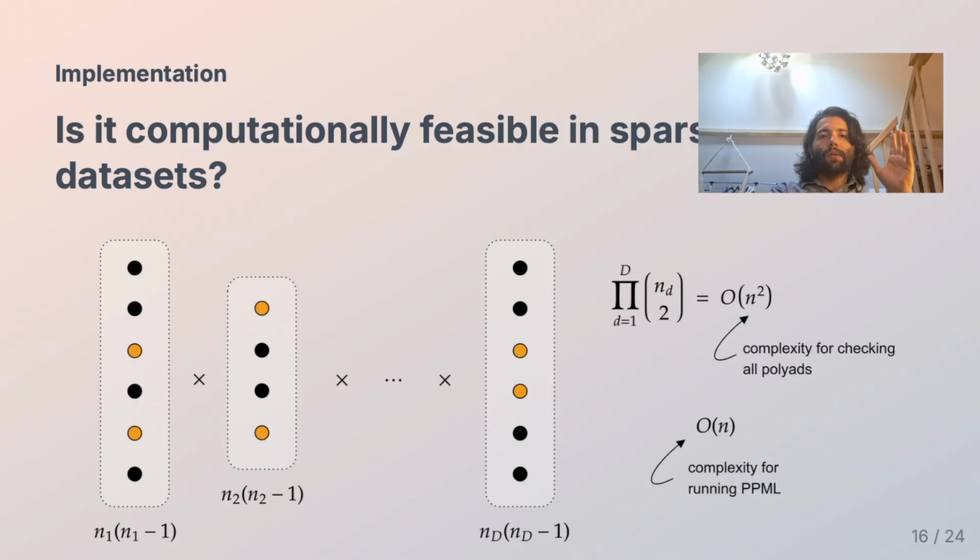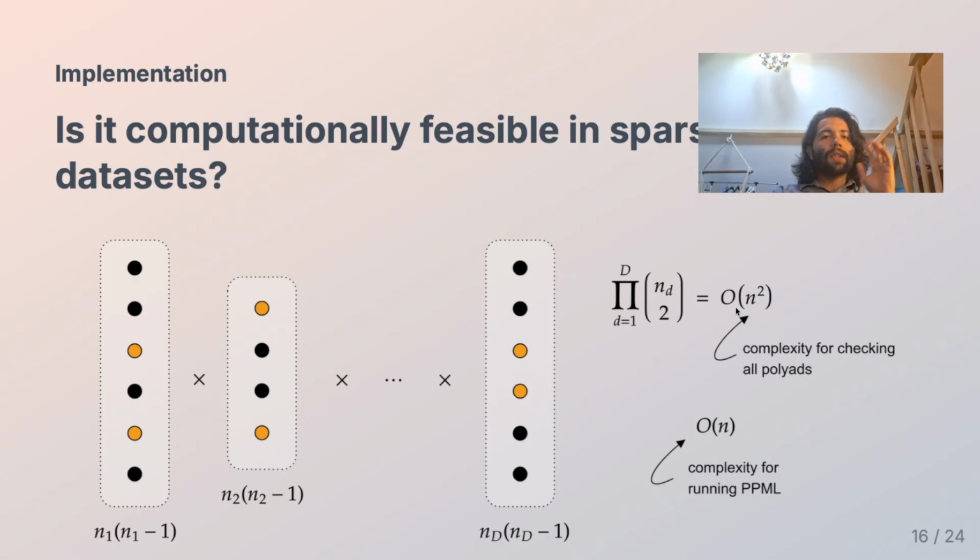The first approach that one could have is the naive approach, which is just to generate all possible polyads and evaluate the loss in each polyad. So evaluate the logistic given by each polyad. The problem is, if one wants to do that, and we have here a D-way model, you need to find a pair of indices in the first index, a pair in the second, up to a pair in the D-th coordinate.